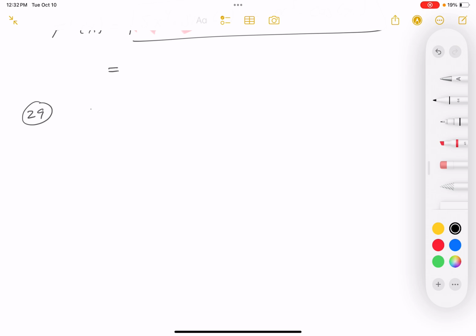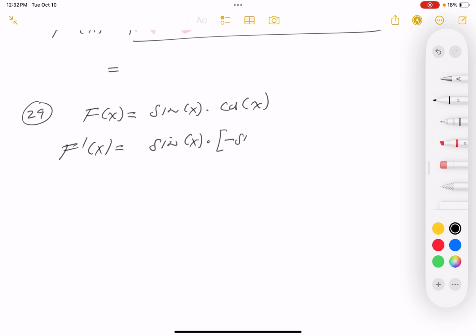And 29 is a product of two functions. It's sine x times the cosine of x. For f prime, I can use the product rule. I'm going to say the first function this time times the derivative of the second function, which is minus sine x, plus the derivative of the first function, which is cosine x, times the second function, which is cosine x.